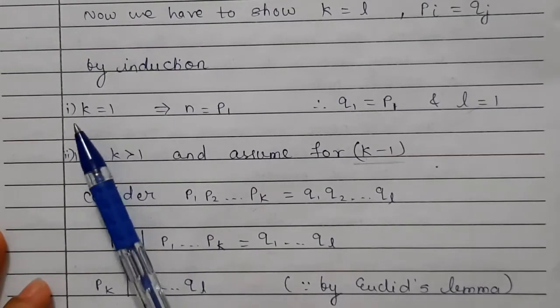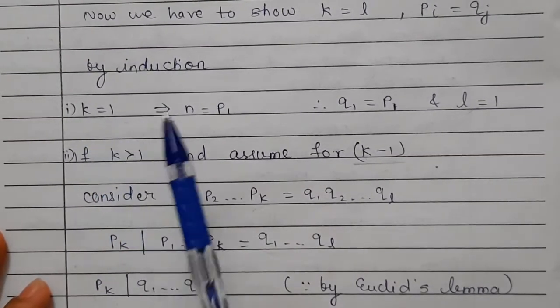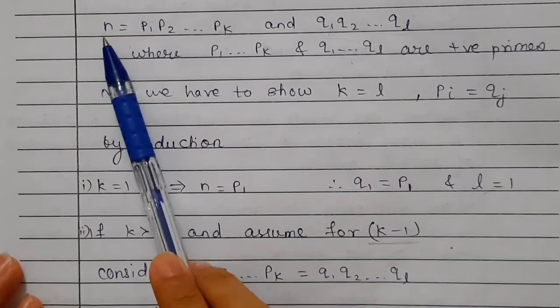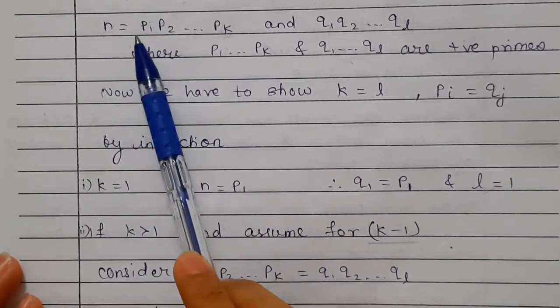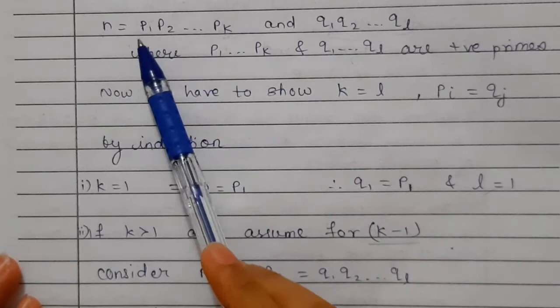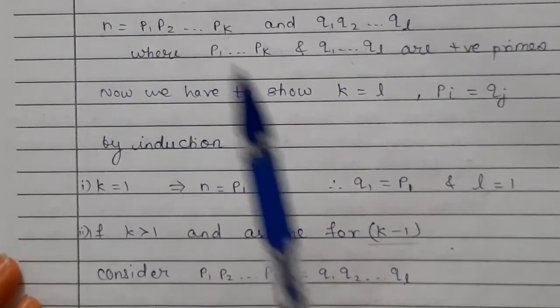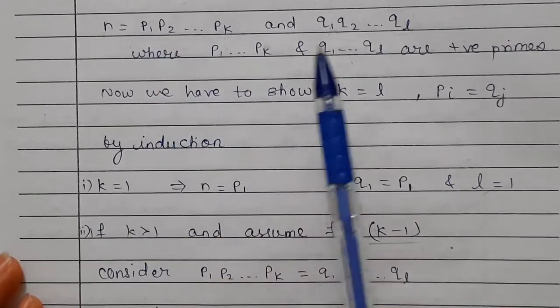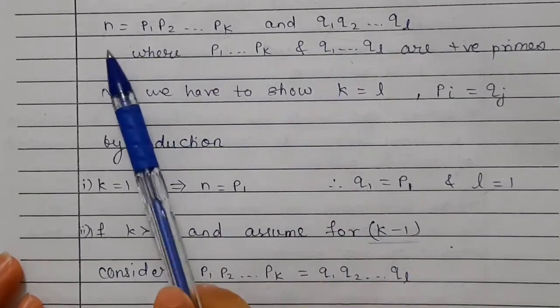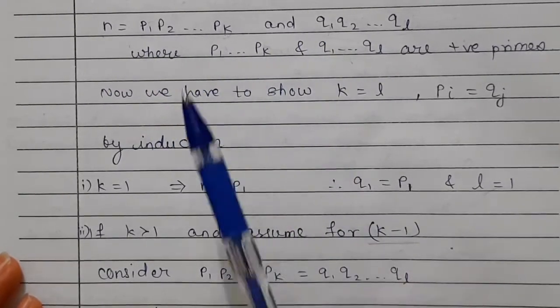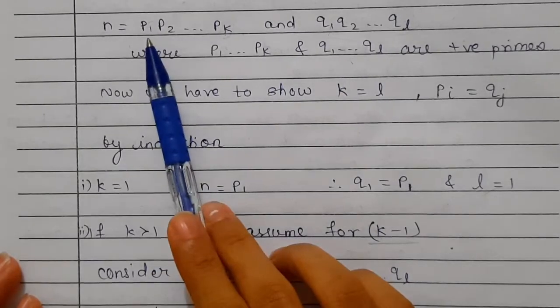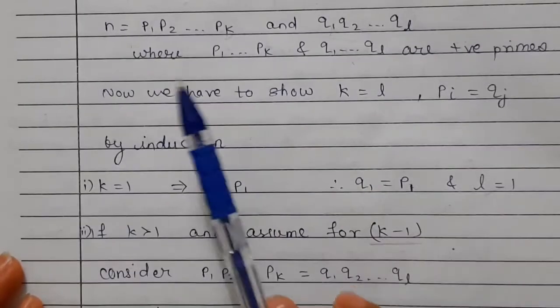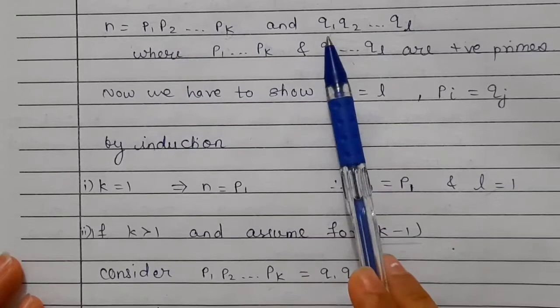So here we take k is equal to 1, then n is equal to p1, because k is 1, and this p1 is equal to q1 because n is equal to q1. So equating these two, you get p1 is equal to q1.